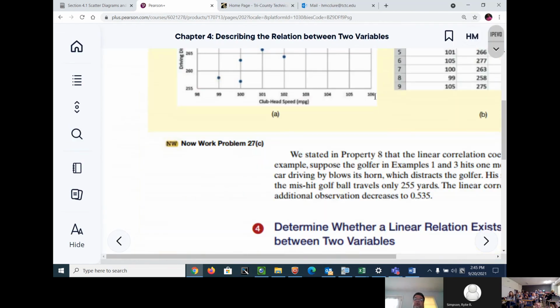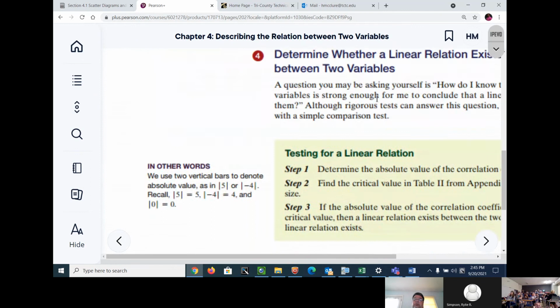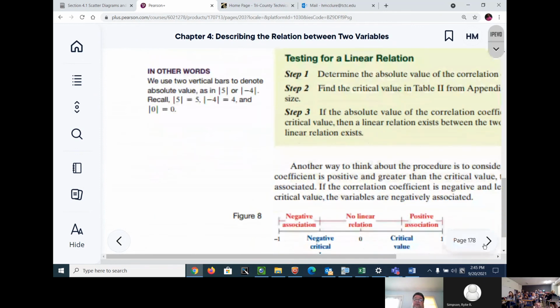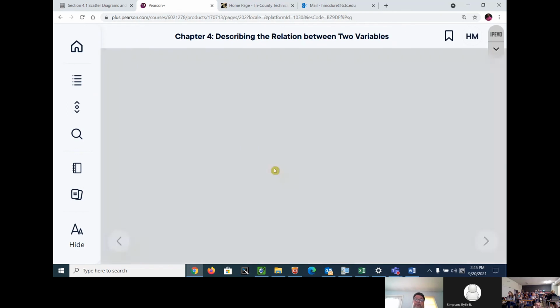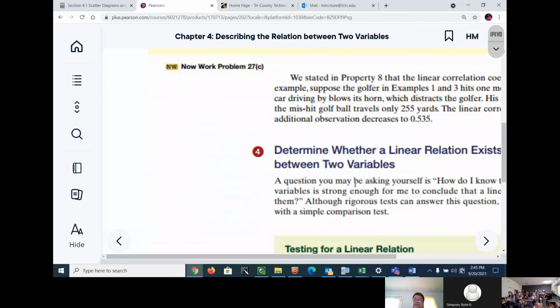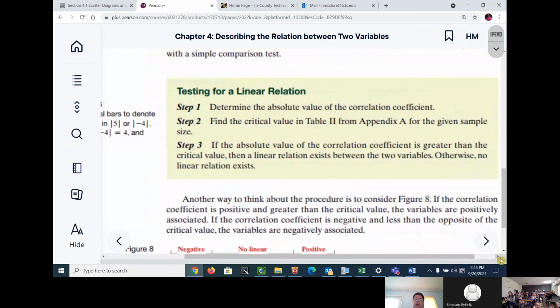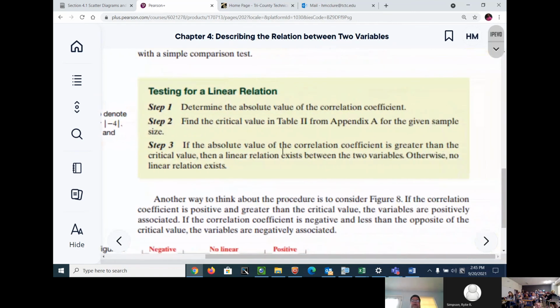This is what's going to get you on the homework. If the absolute value of the calculated R, step 3, if the absolute value of the calculated coefficient is greater than the critical value, which is the table value, then a linear relation exists.